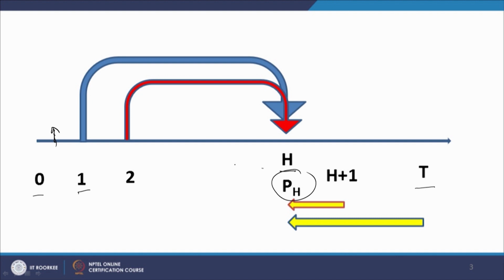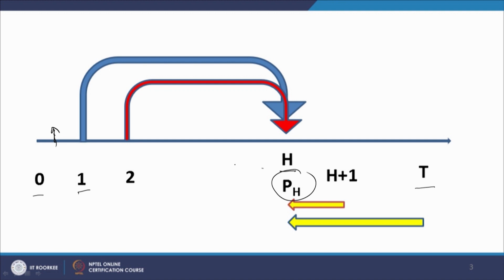So, the total proceeds that you are going to get at t equal to capital H will comprise not only of the market price of the bond, but will also comprise the proceeds of the reinvested coupons at t equal to 1, 2, 3 up to H minus 1, and also the coupon at t equal to H, which will obviously not be reinvested, but nevertheless constitutes a cash flow and will contribute to the yield of the instrument.